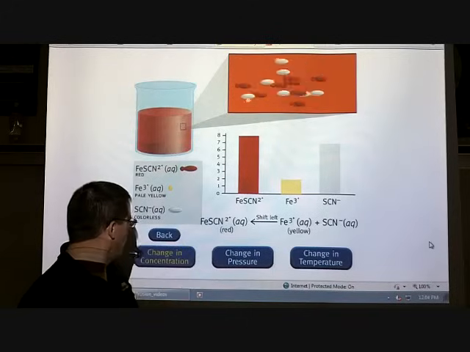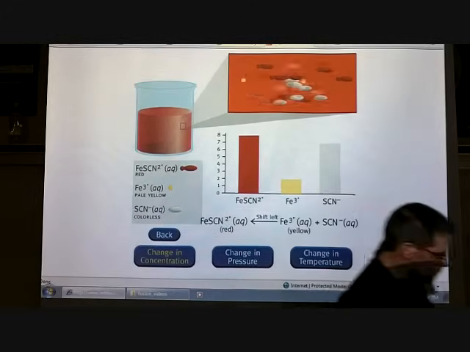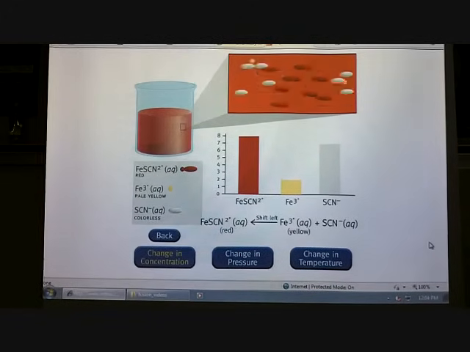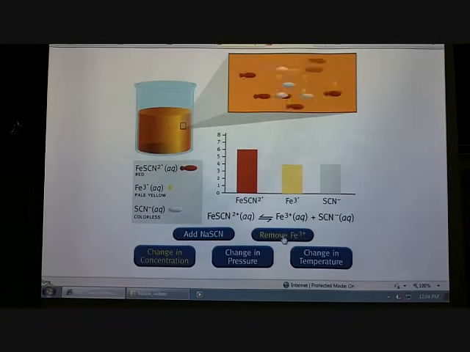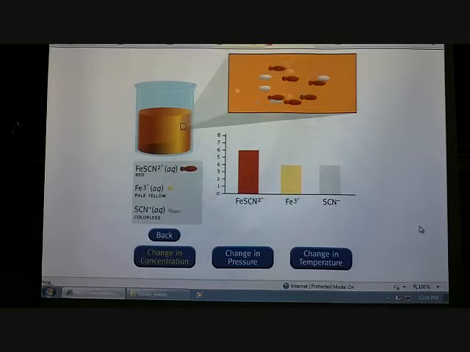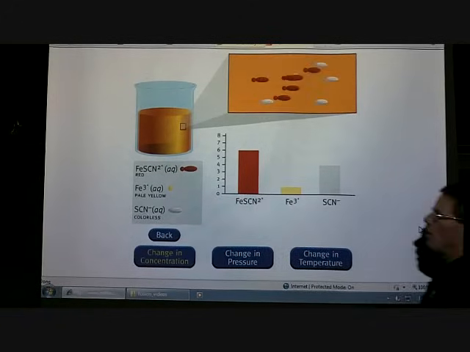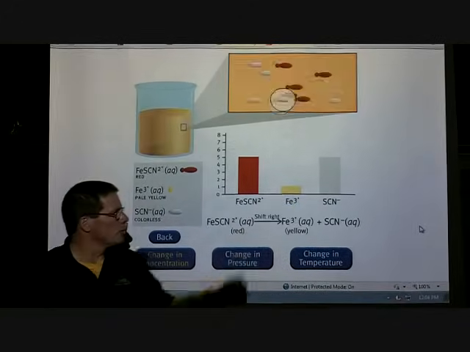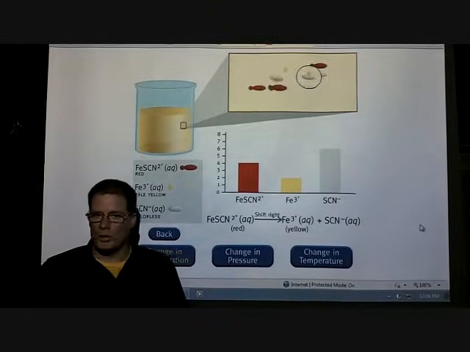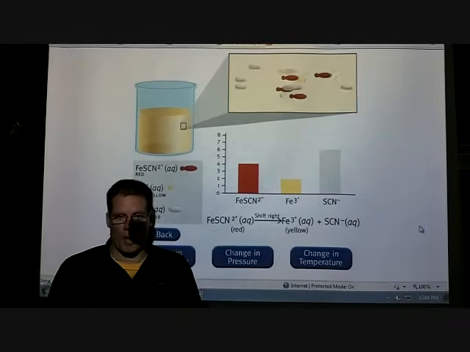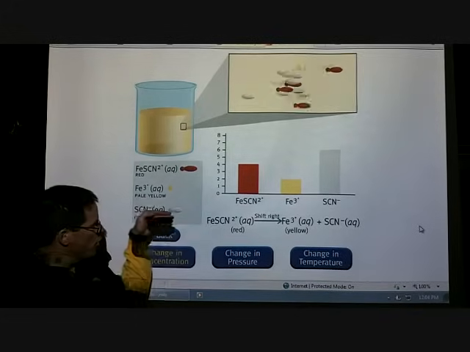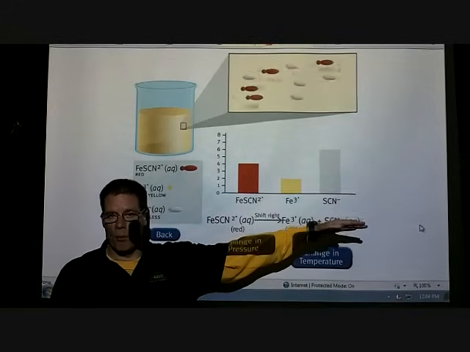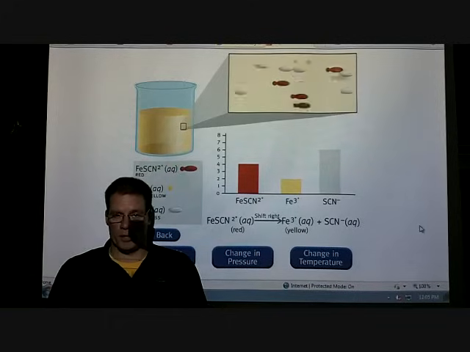Okay? Let's go ahead and get it back here. All right, in this example, we're removing some iron ions. And what I want you to notice is, as soon as the concentration of one of the products has been decreased, the shift actually goes toward the removal to restore those concentrations.